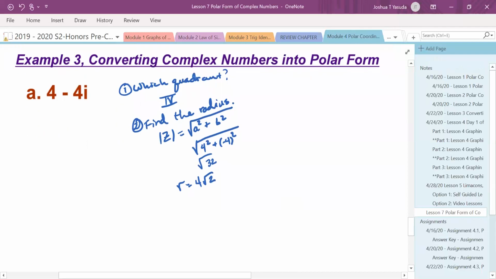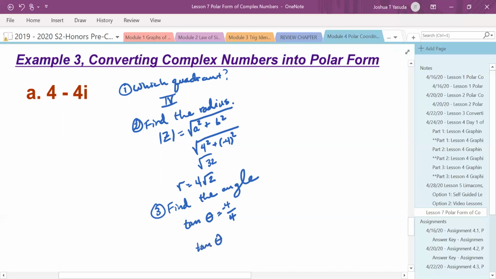Next one, we need the angle. So we're going to find the angle. Okay, so tangent of theta equals 4, oh, just kidding, negative 4 over 4, y over x. Thank you. And so that's negative 1.